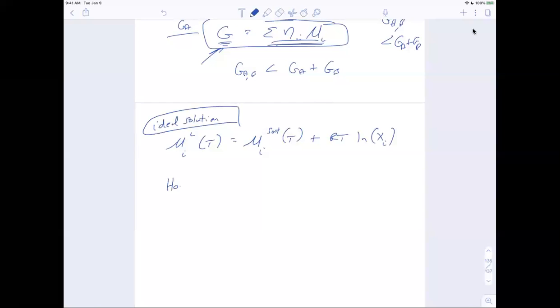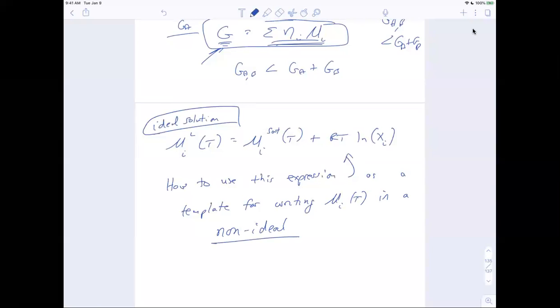So how to use this expression up there as a template for making a model, writing mu sub I of T in a non-ideal solution.